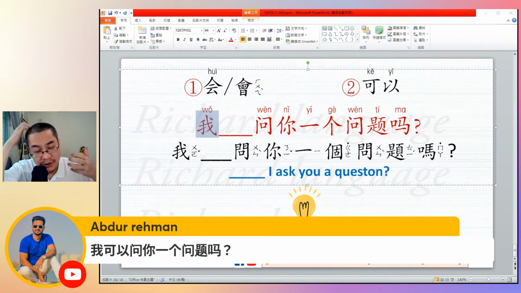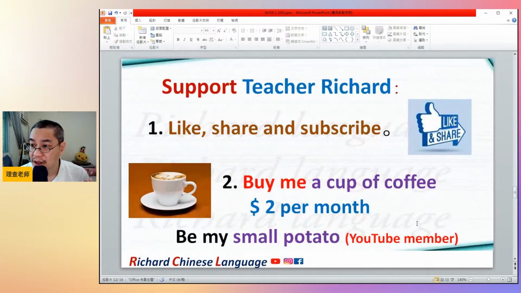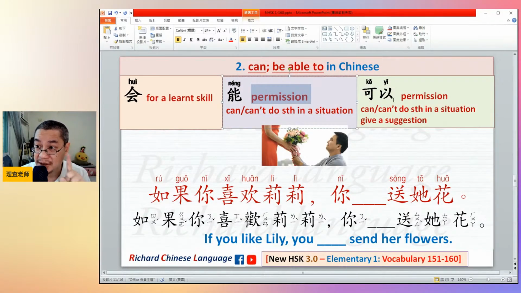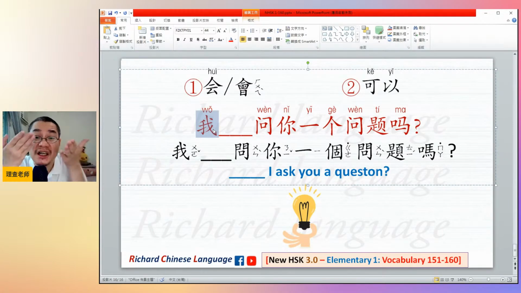When you are asking someone's permission, you can also use 能. So you can also say 我能问你一个问题吗？You can use 可以, you can use 能, because you're asking someone's permission. Either one is okay.